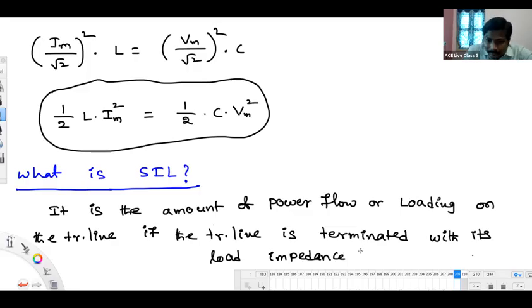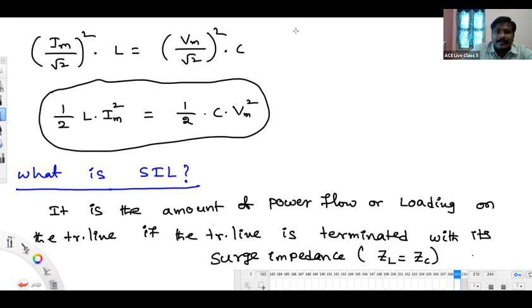Nothing but keeping the load impedance equal to surge impedance. The line is terminated with its surge impedance, which is nothing but matching the load impedance equal to surge impedance.